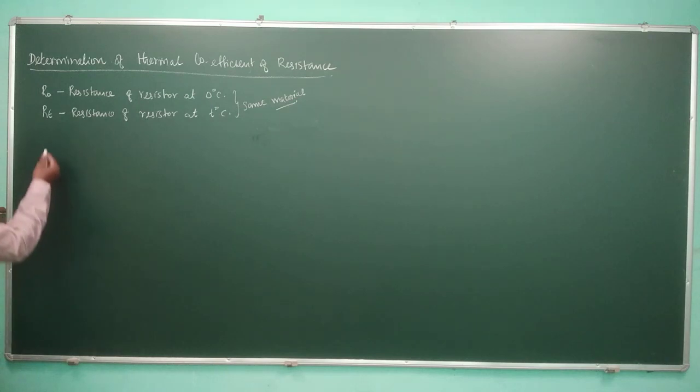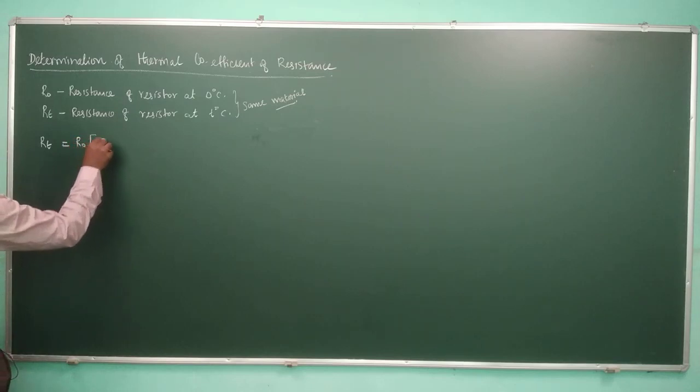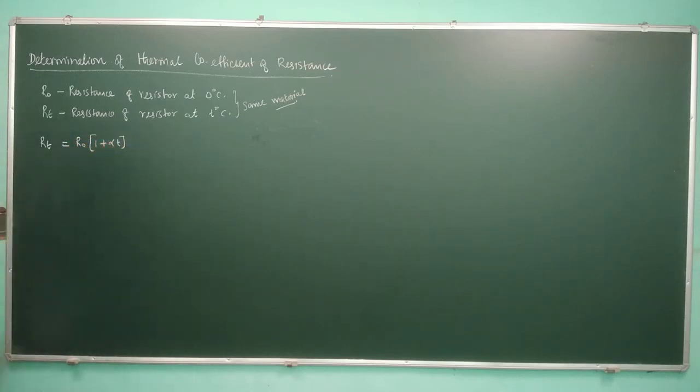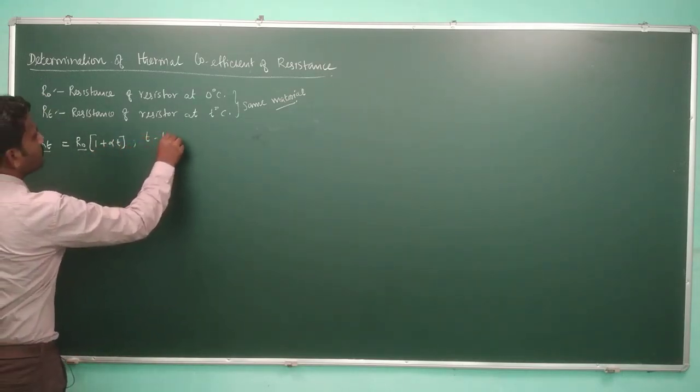Now we can write the equation for RT, that is equal to R naught multiplied by 1 plus alpha t. Here we have denoted what is R naught and what is RT, and T is the temperature.